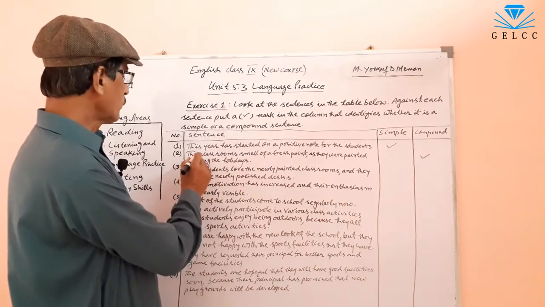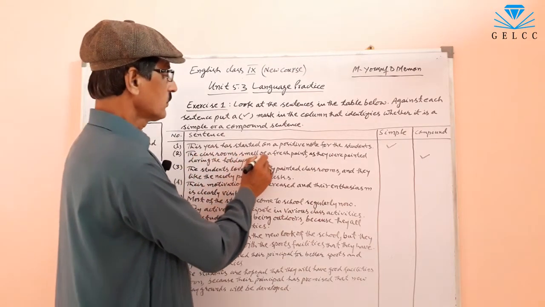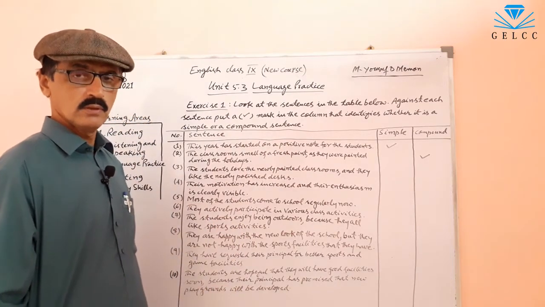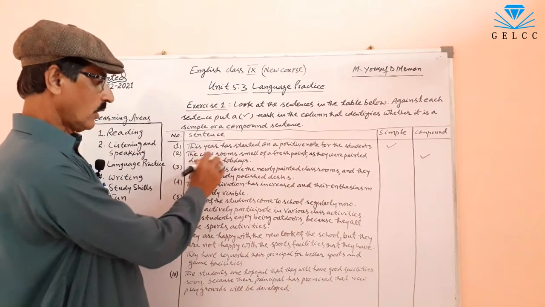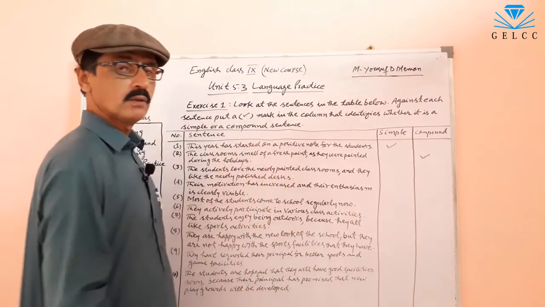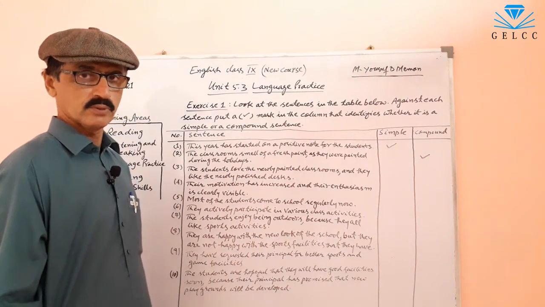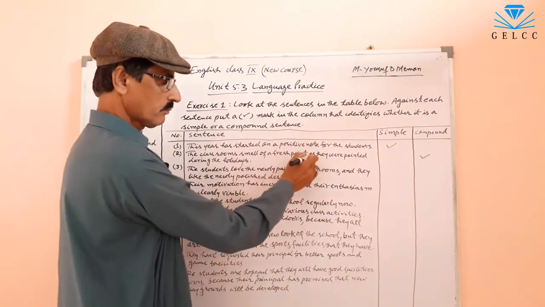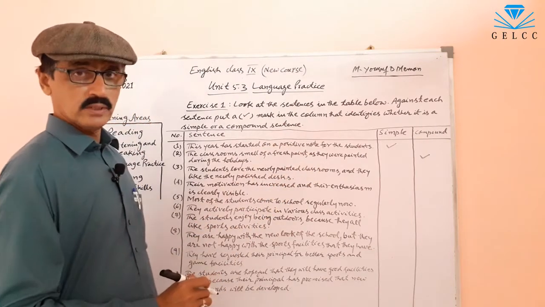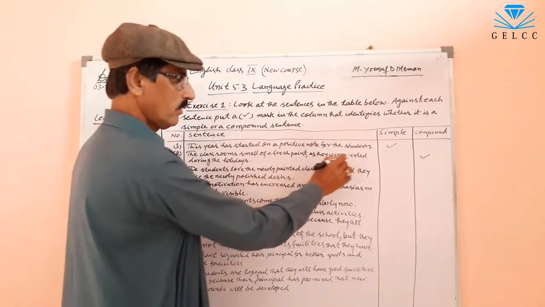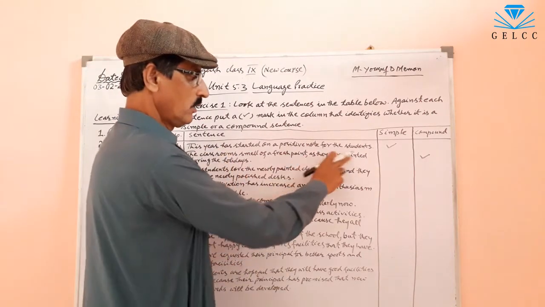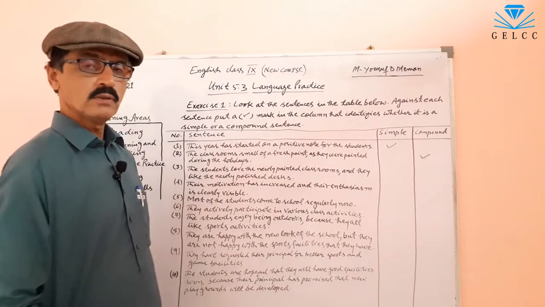In this sentence you will see, the classrooms smell of fresh paint. It is one sentence. The classrooms is a subject. Smell of fresh paint is the predicate. It is a simple sentence. Comma, as is the conjunction. Then the other sentence starts. They were painted during the holidays. They is a subject. Were painted during the holidays is the predicate.